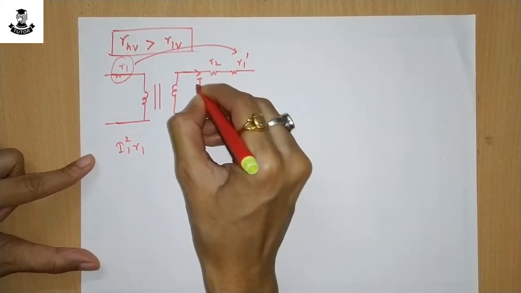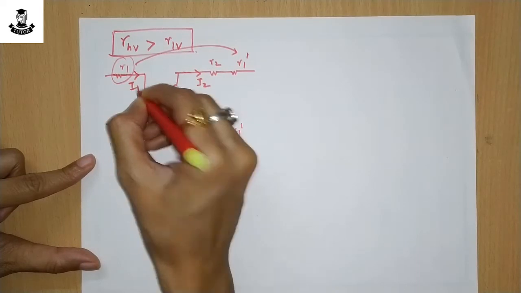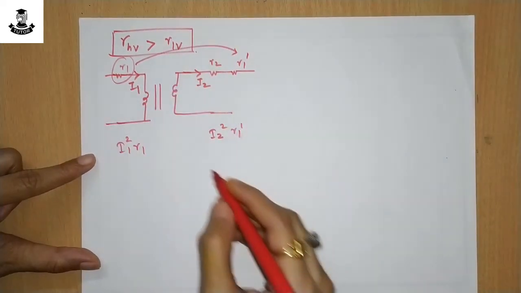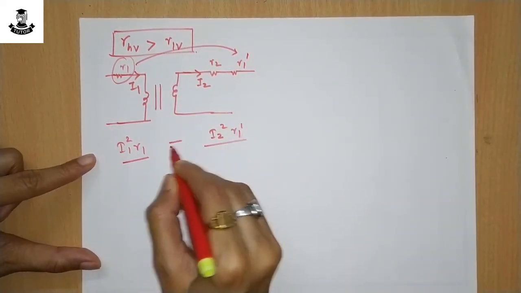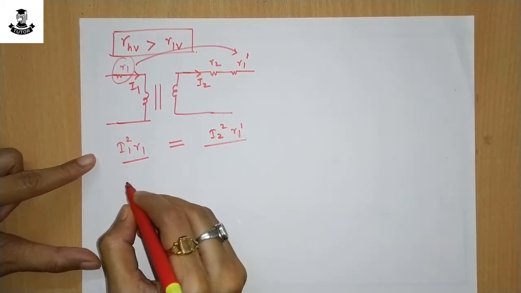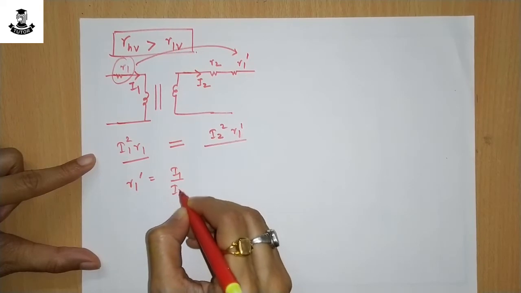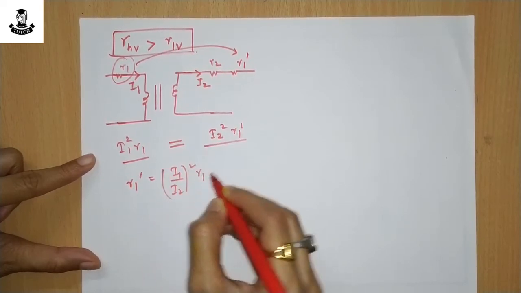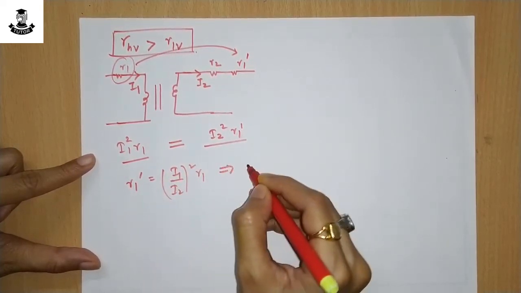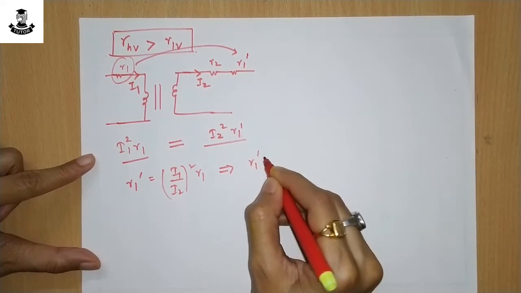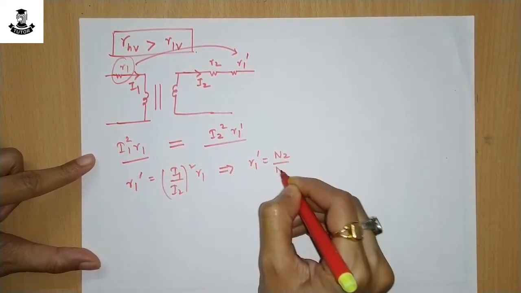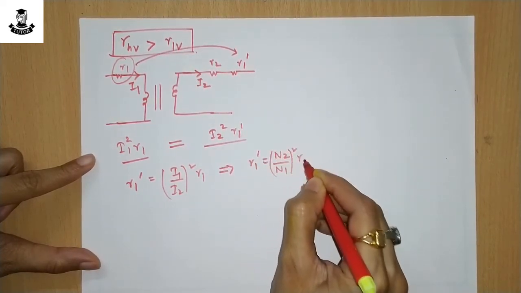This is I2 current flowing here. This is I1. Now we know both must be equal. Hence from this we can get R1 dash is equal to I1 by I2 whole square R1. In terms of turns ratio, we can write R1 dash is equal to N2 by N1 whole square R1.